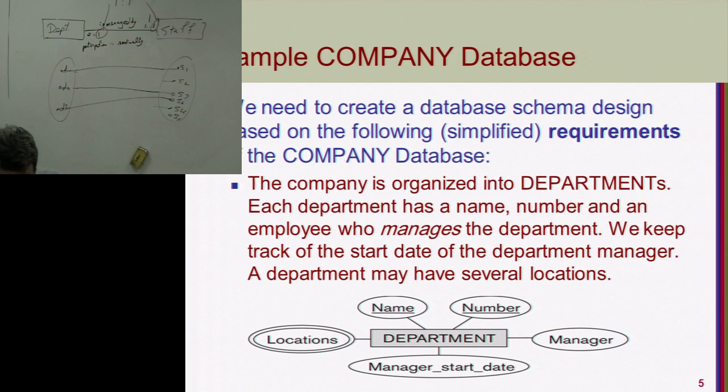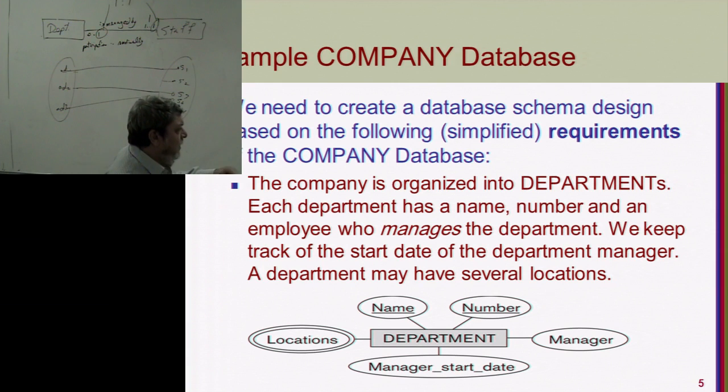So the nouns will make the entity types or the attributes, and the verbs will make the relationships. This is how I can identify the basic elements of an ERD. But should we use every noun as an entity or as an attribute? This question will be answered in a minute.